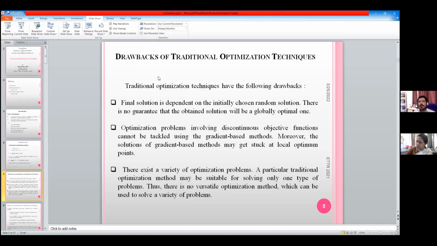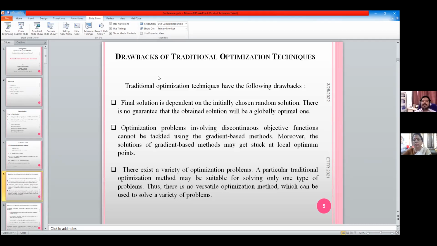There are a lot of methods in numerical analysis. But all those traditional optimization techniques fail in some cases. First, if they are not continuous, this is one major drawback. For discontinuous functions, they cannot work, so the derivative is not possible. That's why traditional optimization methods generally fail to work well in such problems.